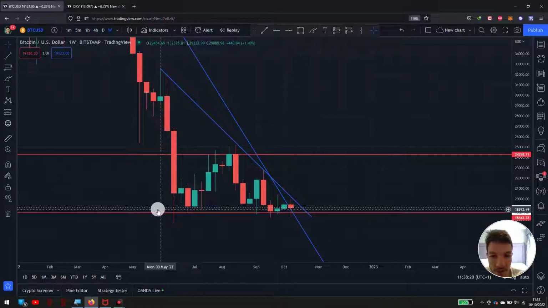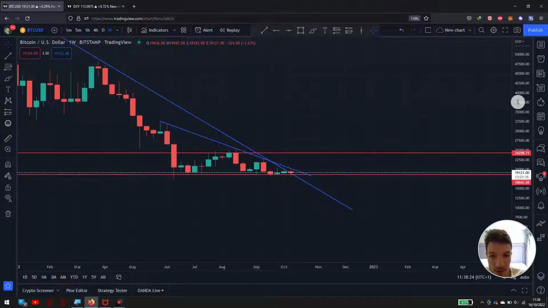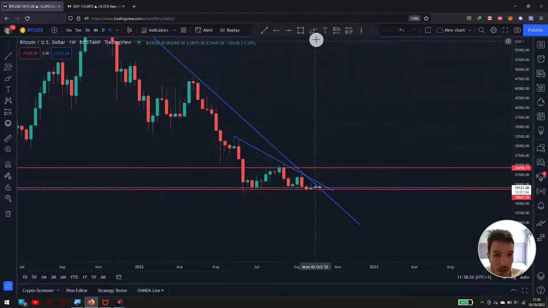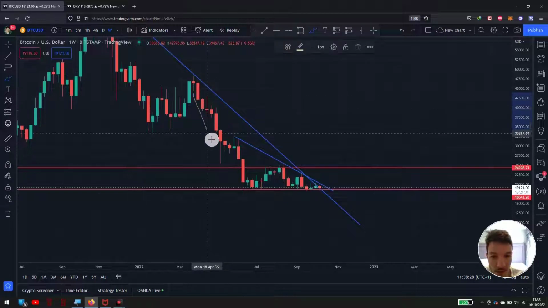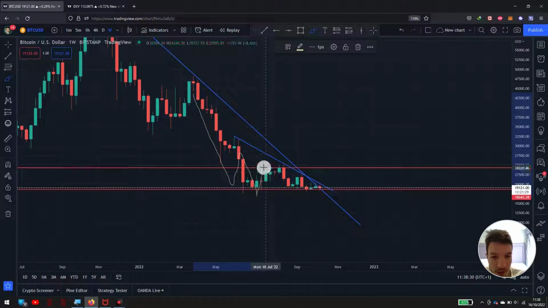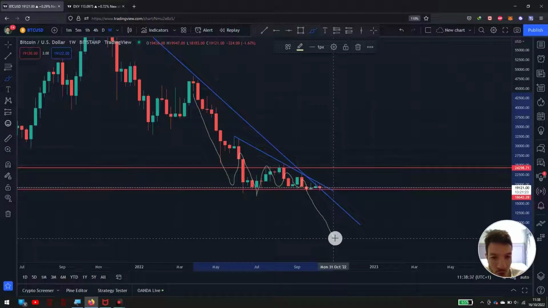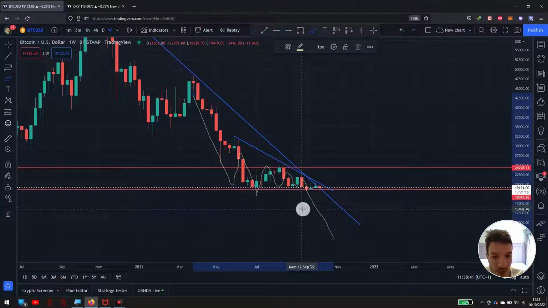What is the definition of a descending triangle? Usually, it is when the price comes all the way down and fluctuates between this level, holding the same support and making lower lows. Usually it just continues to go back down, as a continuation of the way down.